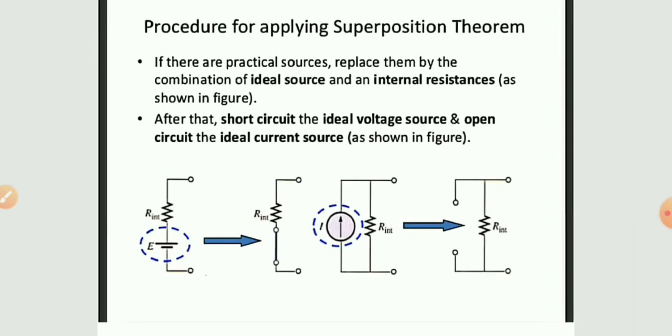If there are practical sources, replace them by a combination of an ideal source and an internal resistance. After that, short circuit the ideal voltage source and open circuit the ideal current source.